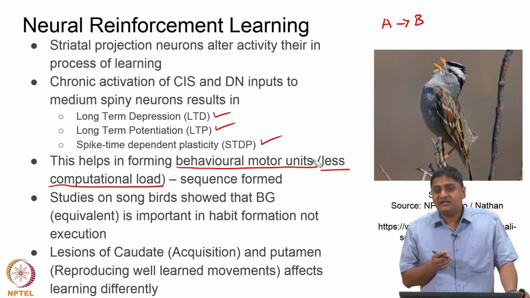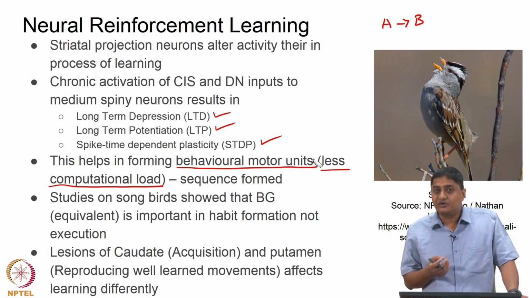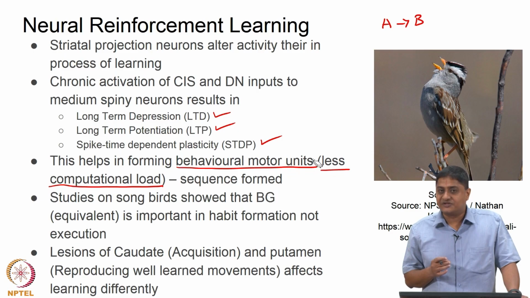If the basal ganglia equivalent structure is disabled for a brief period of time during which the bird is able to learn the maximum amount, this bird is no longer able to learn.